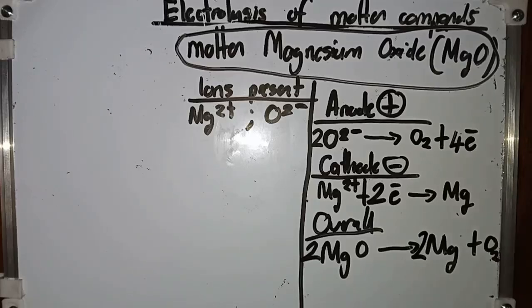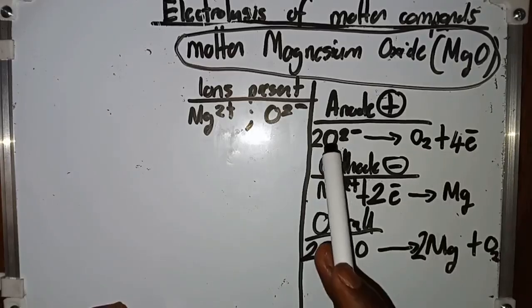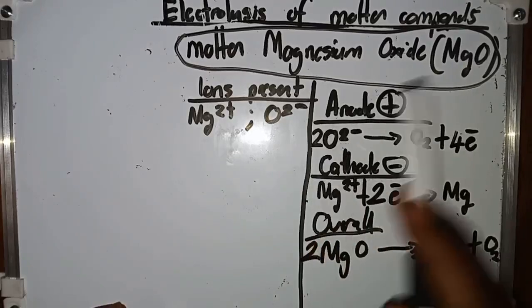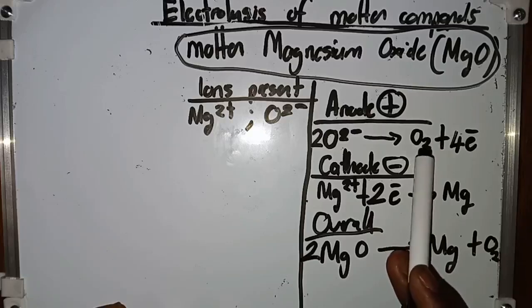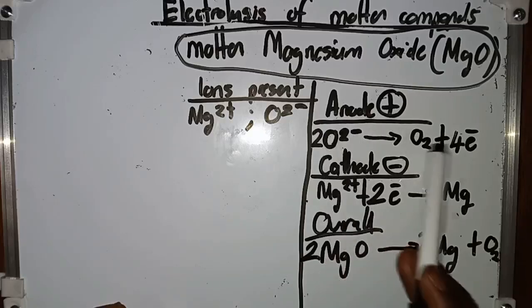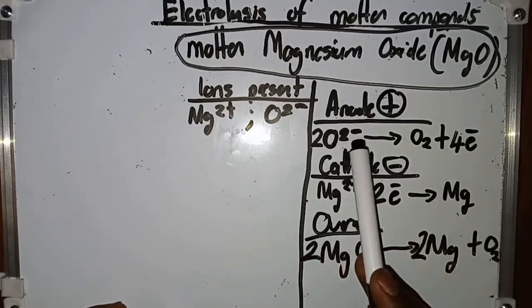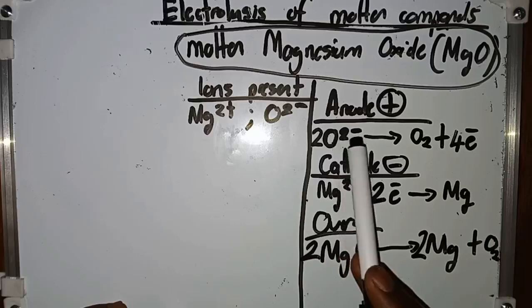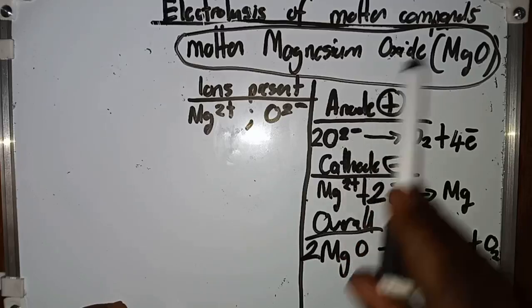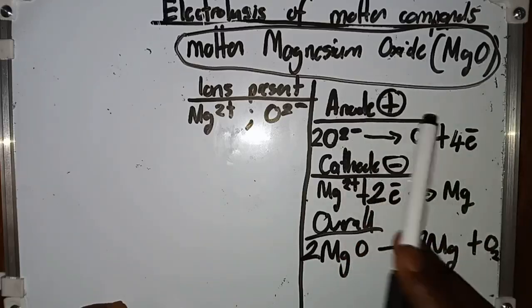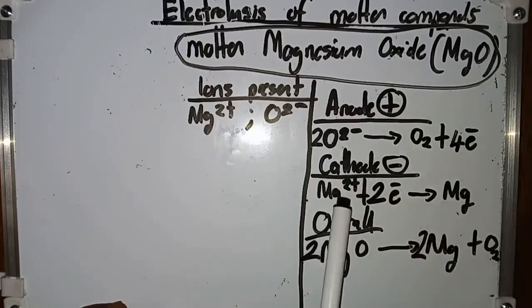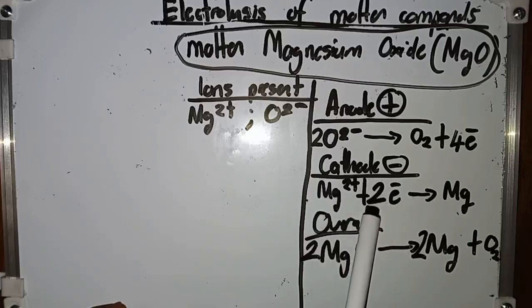So when you write an ion, at the other side you write the corresponding element for that ion. If the ion is negative, the electrons are written at the right hand side. If the ion is positive, the electrons are written at the left hand side.